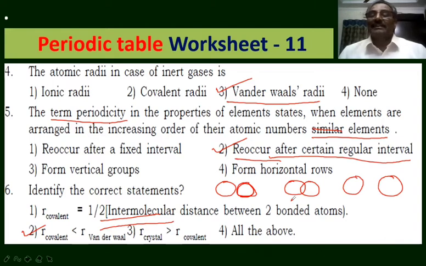So covalent radius is very short when compared to the crystal radius, and van der Waals radius is very high. So the order, covalent radius less than van der Waals radius, is the right option here. Crystal radius greater than covalent radius is also right.